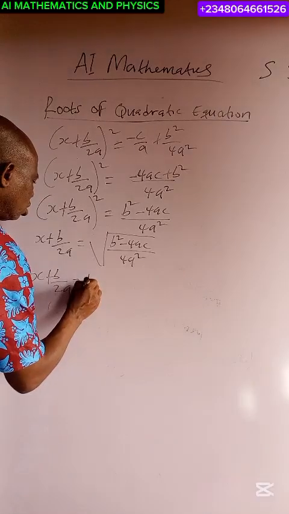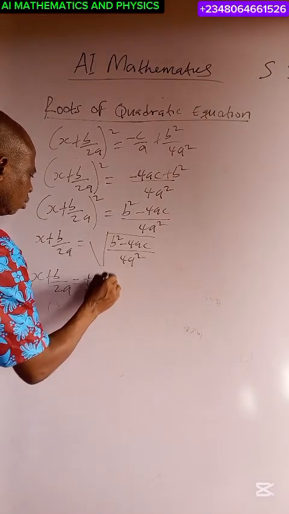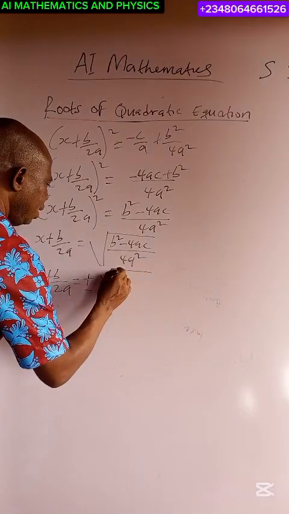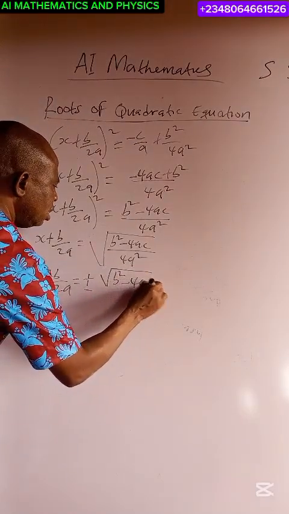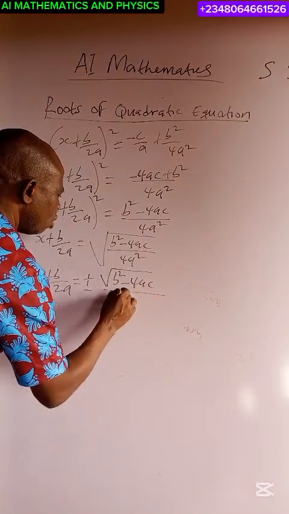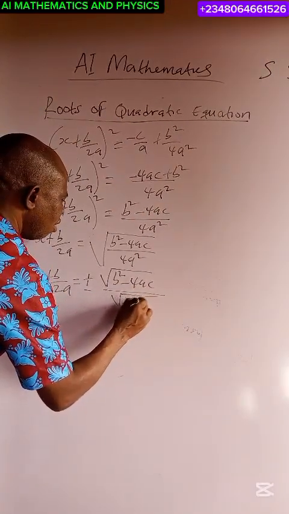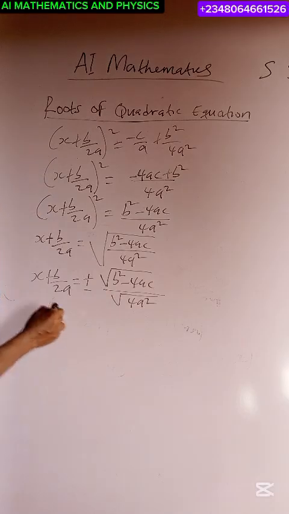You have plus or minus the square root of b squared minus 4ac over the square root of 4a squared.